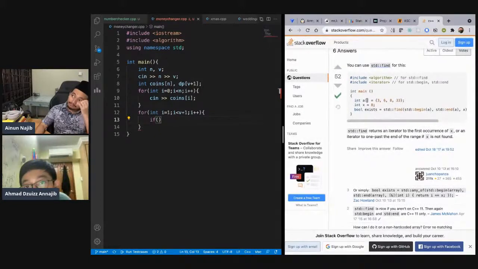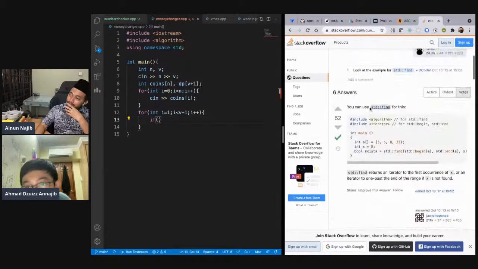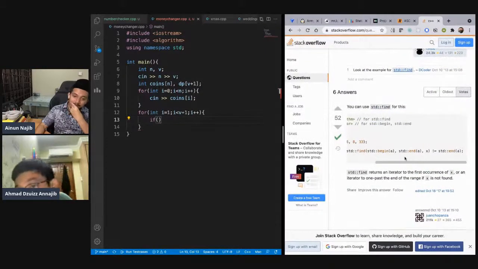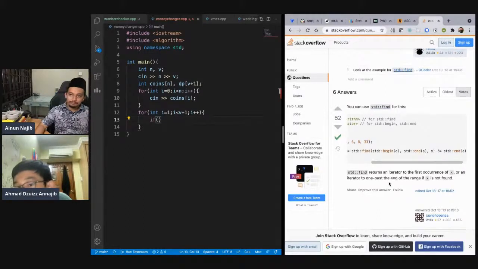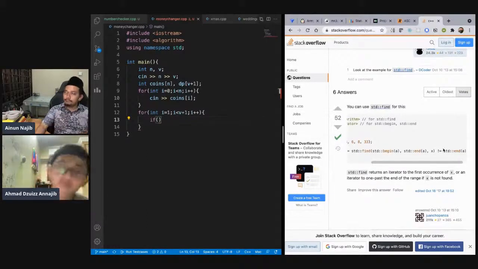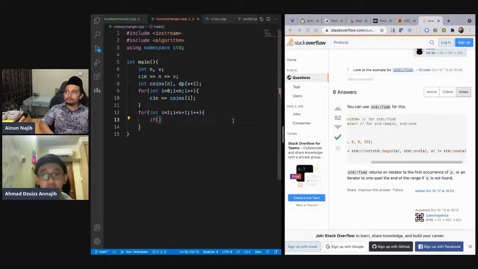Oh, is it the same? Find the begin, x, first occurrence of x or if x is not found.